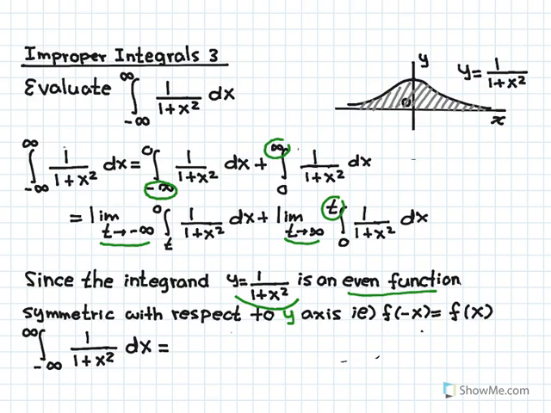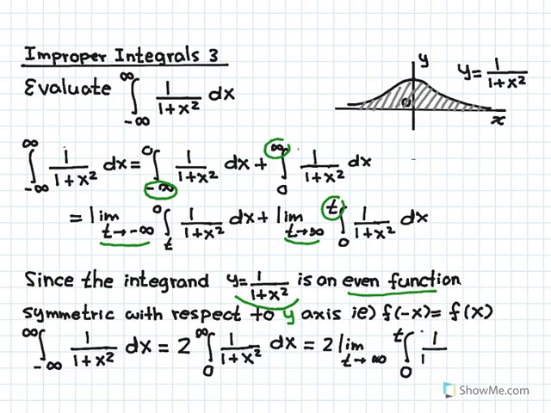So we can rewrite the integral from minus infinity to infinity of 1 over 1 plus x squared dx as 2 times the integral from 0 to infinity of 1 over 1 plus x squared dx, which can be written as 2 times the limit as t goes to infinity, replacing the upper limit, which is infinity, by t, of the integral from 0 to t of 1 over 1 plus x squared dx.